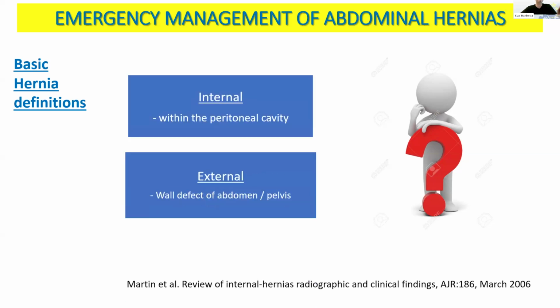But above all, you have to know what you're dealing with. Are you dealing with an internal hernia or an external hernia? A lot of times we forget about these internal hernias. These internal hernias can either be primary with peritoneal defects or acquired owing to surgery. And a lot of times we also deal with external wall defects of the abdomen and pelvis.